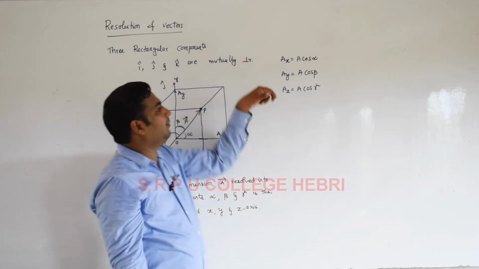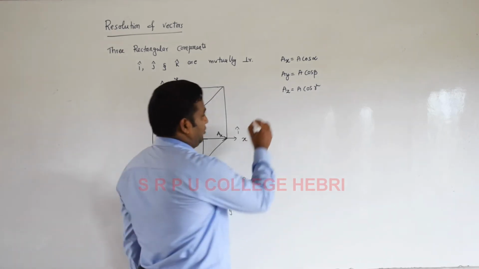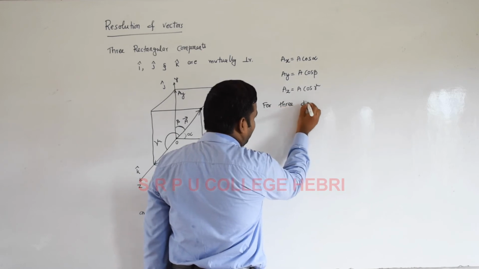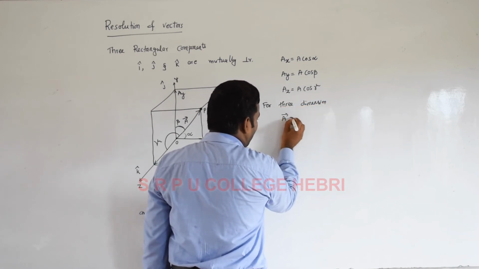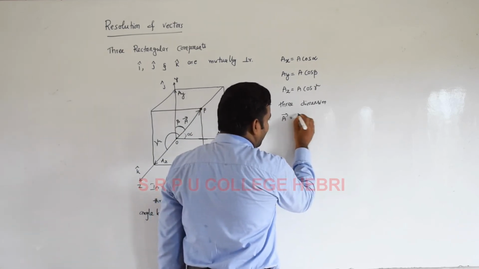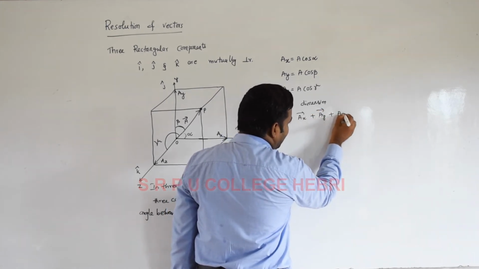Here I got 3 components ax, ay and az. For 3 dimensions, vector A is equal to ax vector plus ay vector plus az vector.